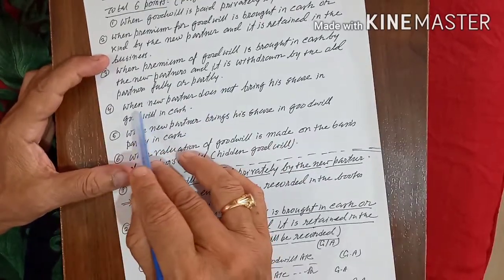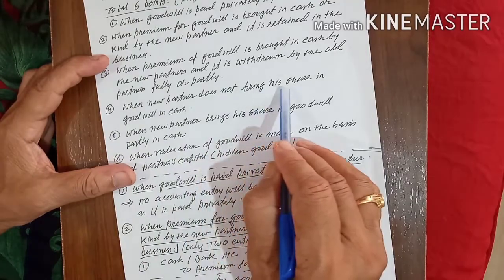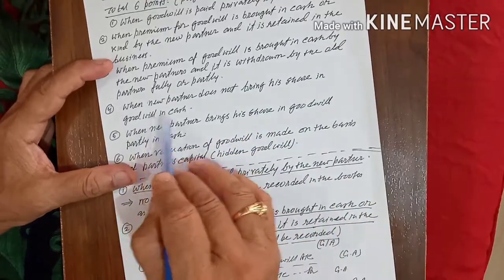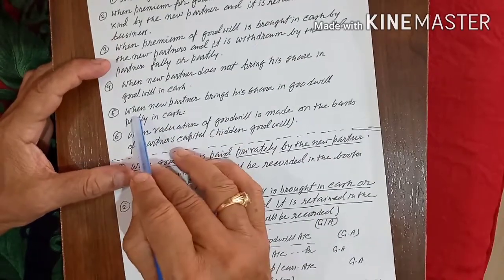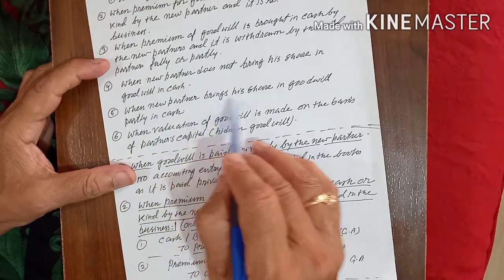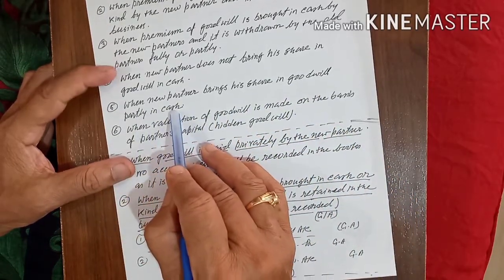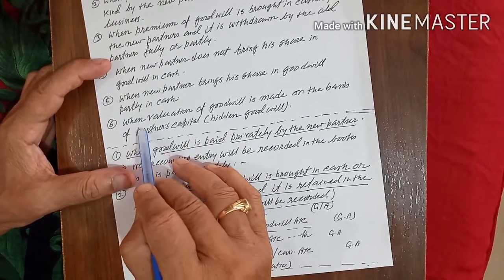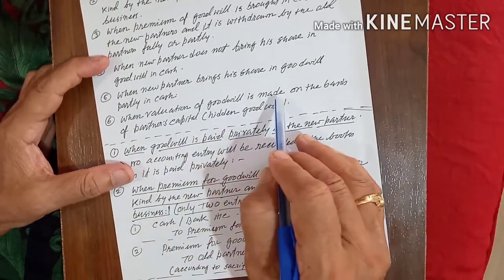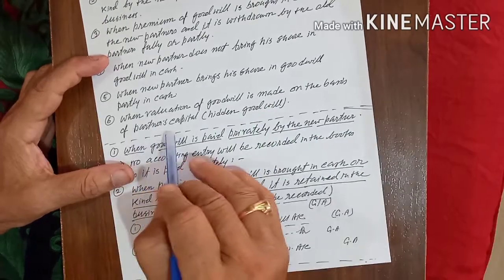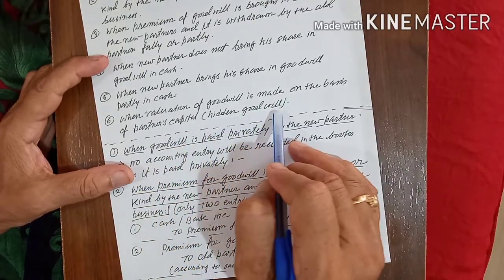Number 4. When the new partner does not bring his share in goodwill in cash. Number 5. When the new partner brings his share in goodwill partly in cash. And number 6. When the valuation of the goodwill is made on the basis of the partners' capital, that is called hidden goodwill.